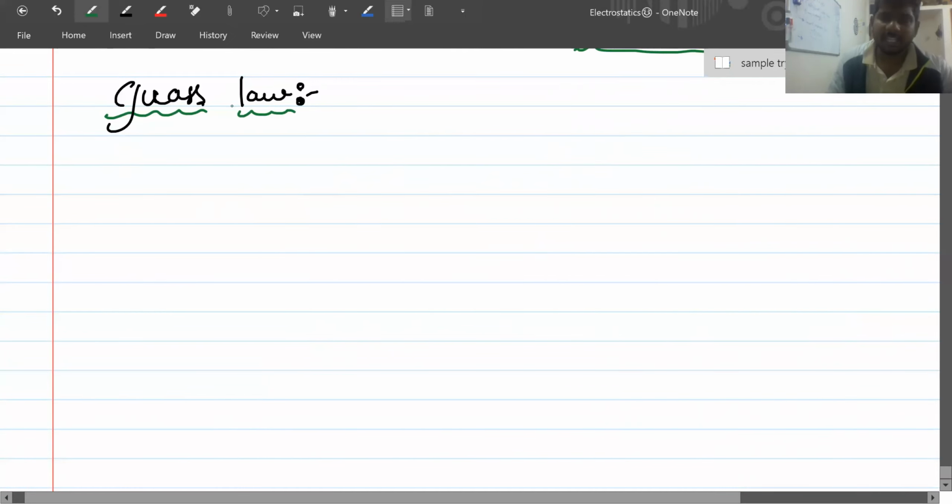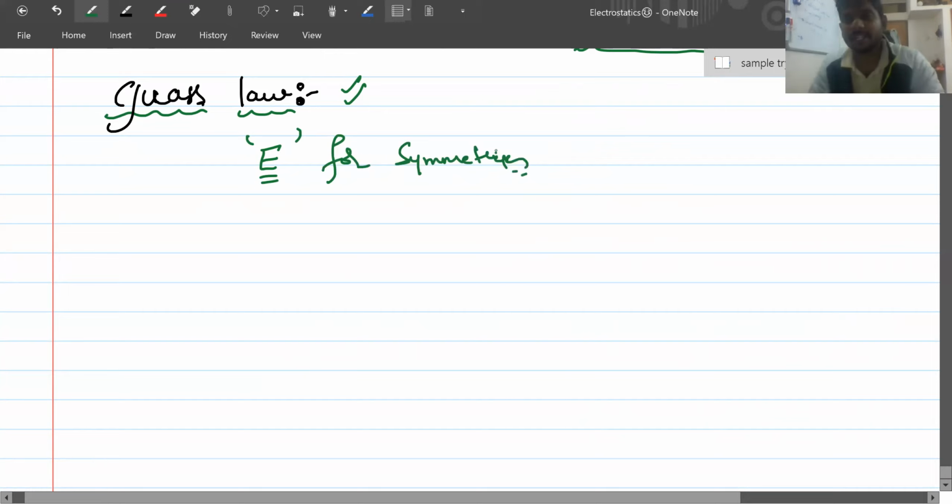What does Gauss law state? Why do we use Gauss law first? We use Gauss law because it will help us find the electric field for some kind of symmetries.